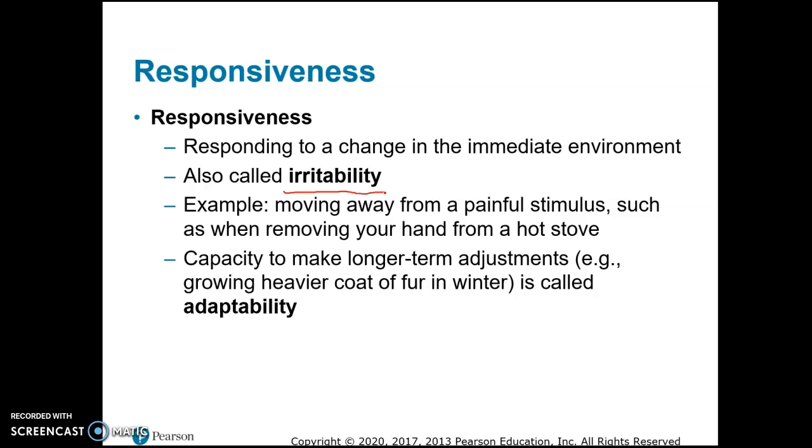So irritability doesn't mean that we're irritable or hard to get along with, it just means the way we're designed to respond to different stimuli. So for example, a painful stimulus: if you touch a hot stove, your response is to move your hand away.